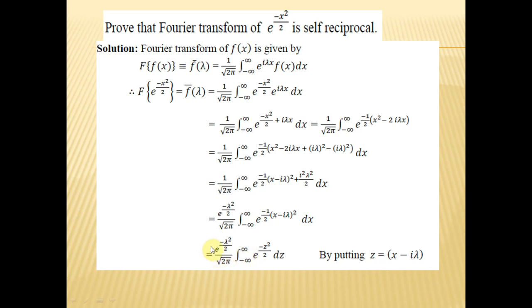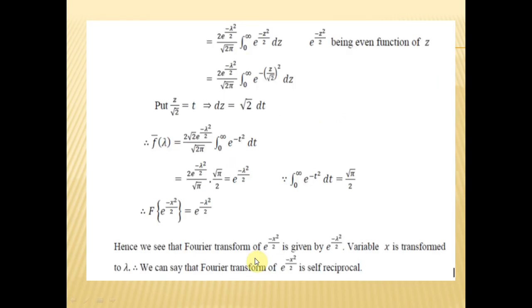So we write it as 2 into e raised to minus lambda square by 2 by root 2 pi integral 0 to infinity e raised to minus z square by 2 dz, identifying this as an even function. So that this is equal to e raised to minus z by root 2 the whole square.